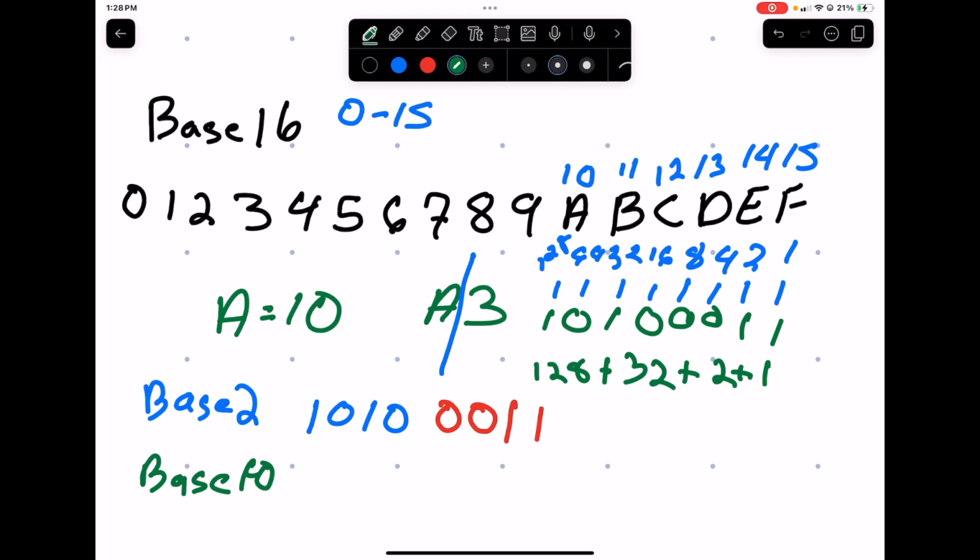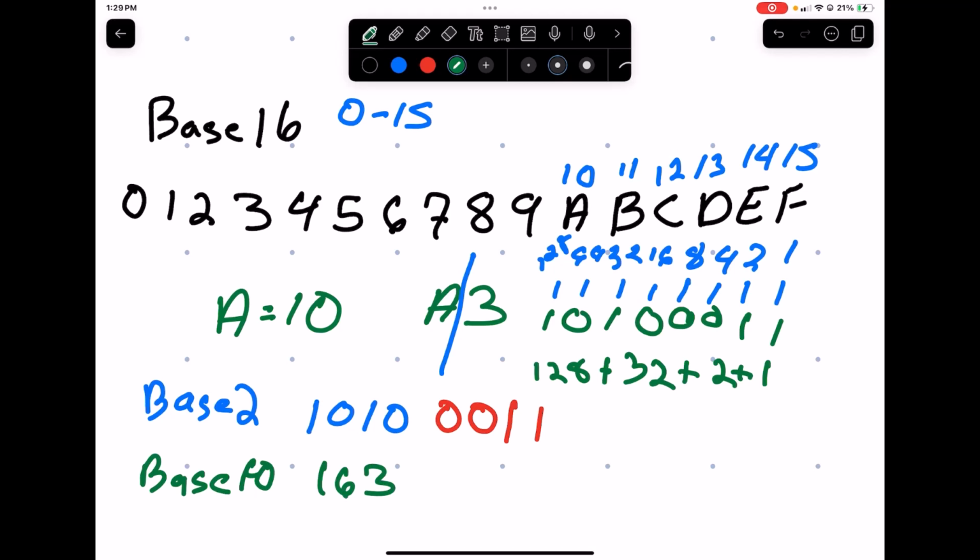So, all right, let's get our math calculation going. Little did you know today was going to be a math class, right? So 128 plus 32 plus 2 plus 1. So that should come out to be 163.